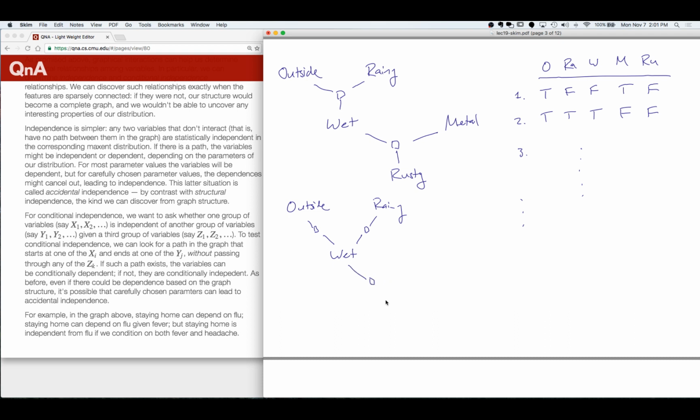And then wet could be connected to rusty, and metal could be connected to rusty, right? And so these 2 different graphical models describe different sets of distributions, and we could fit either one of them to our data of this form.